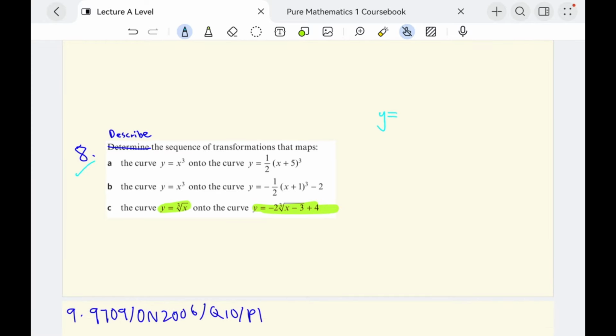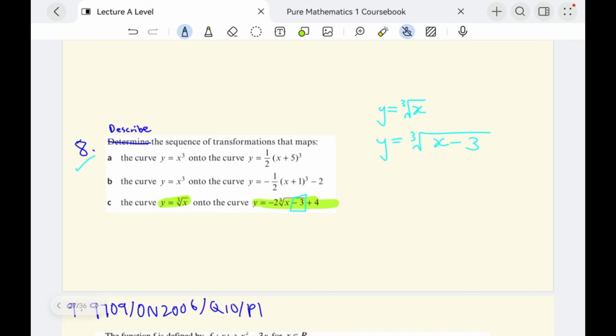Initially you can write y equals cube root of x, and you can see that you have the x minus 3, so you have the translation. Okay, you have a translation of (3, 0). That means you shift your graph to the right by 3 units first.